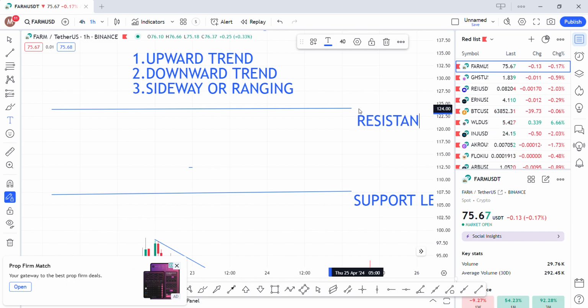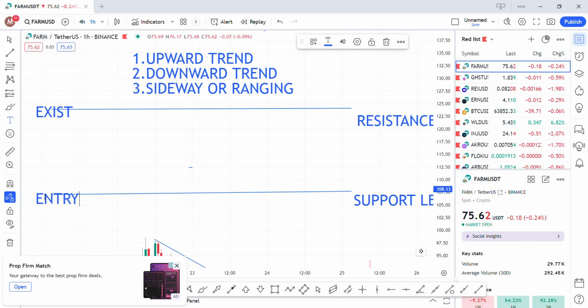What is my focus here? We can also call this one the exit point or level, and we can call this one the entry.